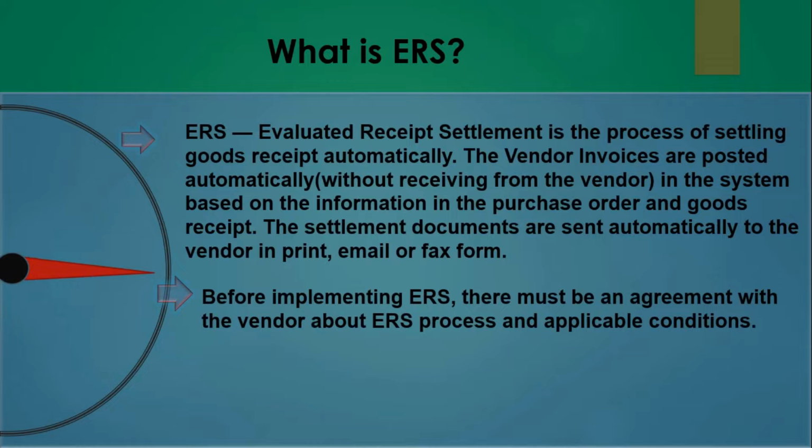But before implementing the ERS, there must be an agreement with the vendor about the ERS process and applicable conditions. So in a nutshell, what happens here? The vendor won't send any invoice in the ERS process, but the company creates that invoice depending on PO and GR and sends it to the vendor.